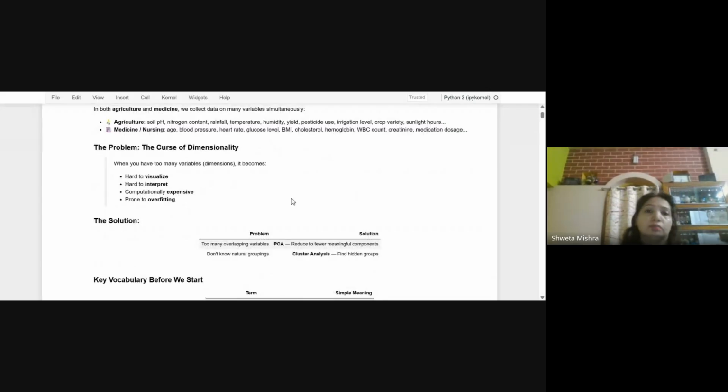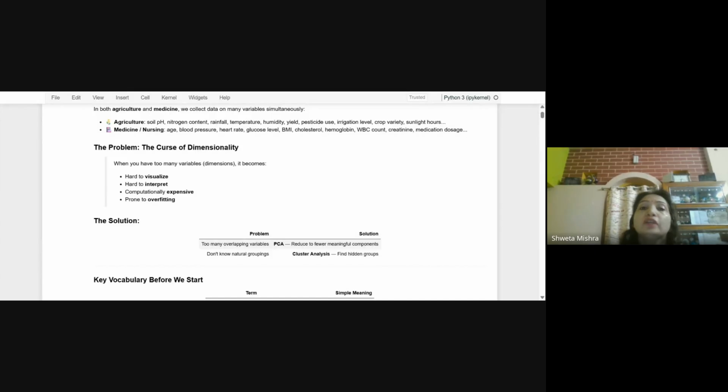So here, when we are talking about data, the question is: what is the data and how are we going to use that data? Since most of the students are related to agriculture and the medical field, as we got information, I'm taking examples of those only.